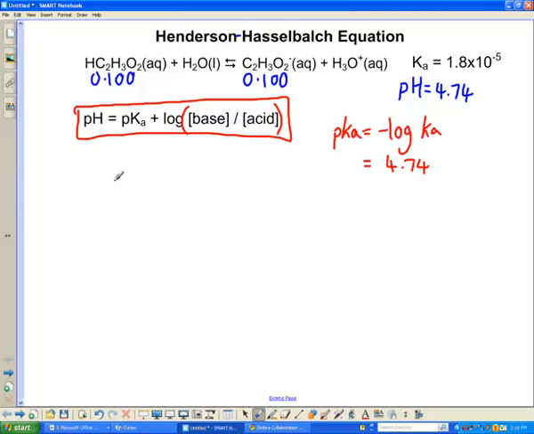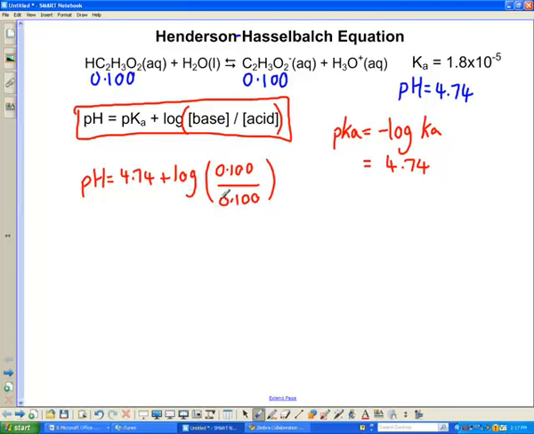Now we aren't done yet. So pH is equal to, in this case, 4.74 plus the log of the conjugate base concentration, which is 0.1 molar, over the acid concentration, which is also 0.1 molar.